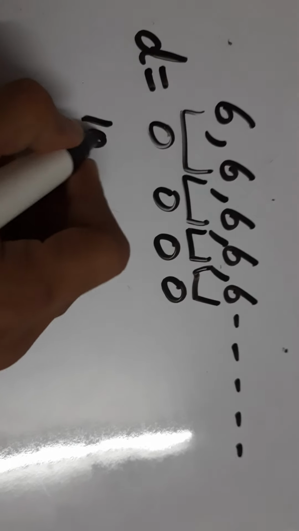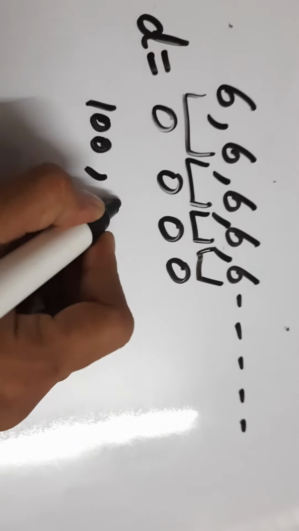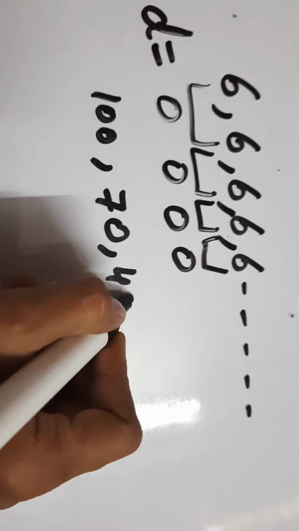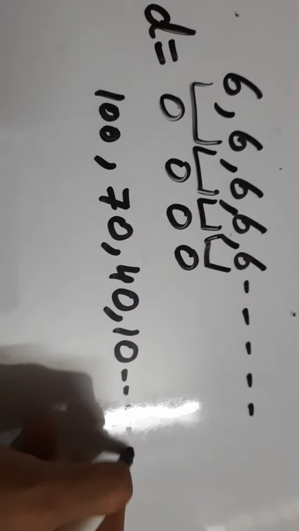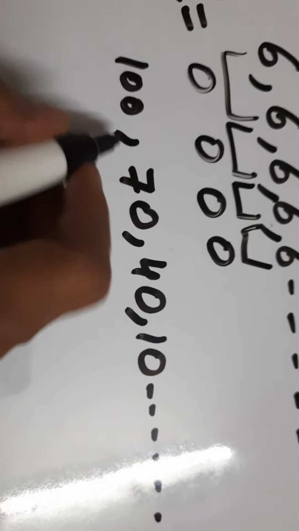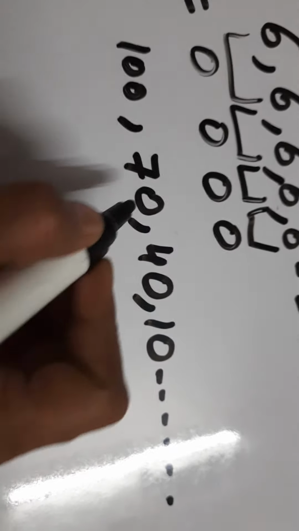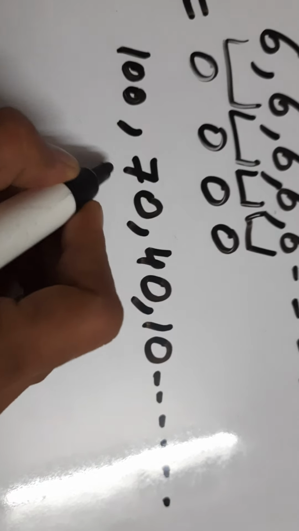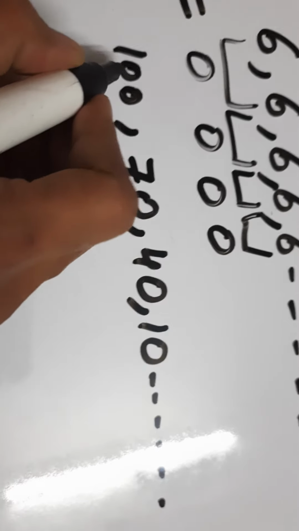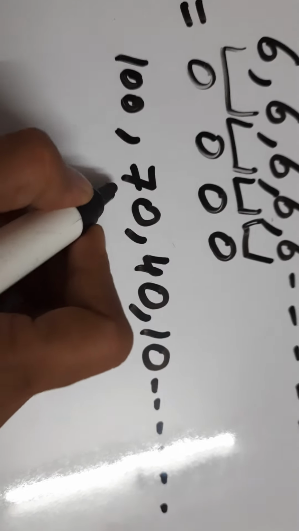So let us take one more example: 100, 70, 40, 10, and so on. Let us check again whether this is an AP or not. For that, we have to take the difference of consecutive terms, where the first term is subtracted from the second term.